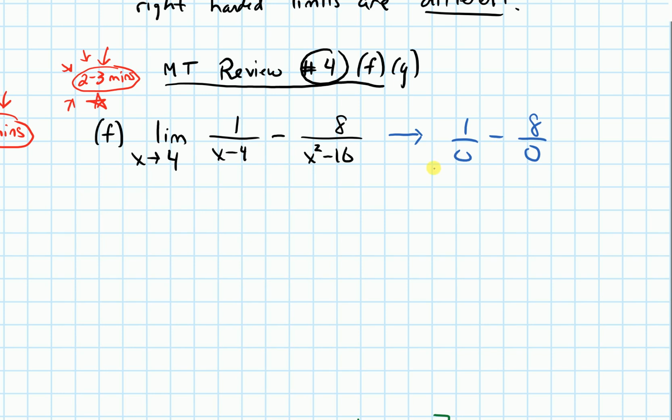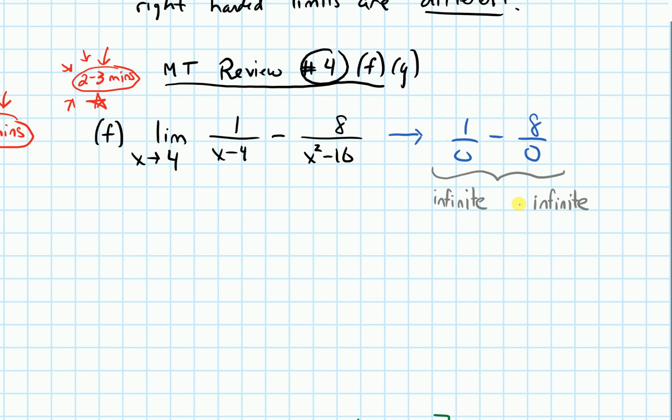So looking at this, if we just had a non-zero thing over 0 on its own, not being subtracted by anything, we would do the one-sided limits. And the one-sided limits end up being either infinity or negative infinity. So each of these fractional things is some type of infinite thing, either positive or negative infinity, depending on which side I'm looking at.